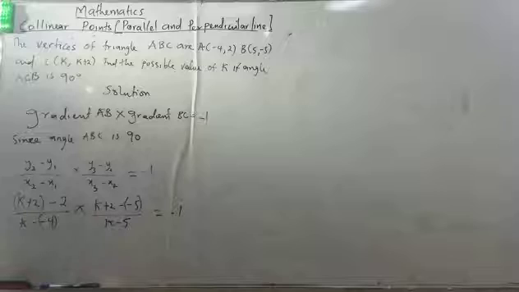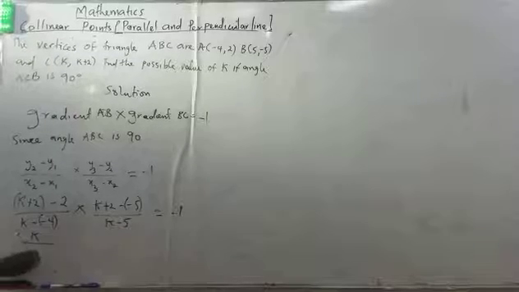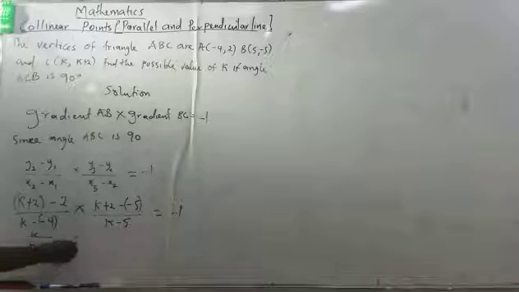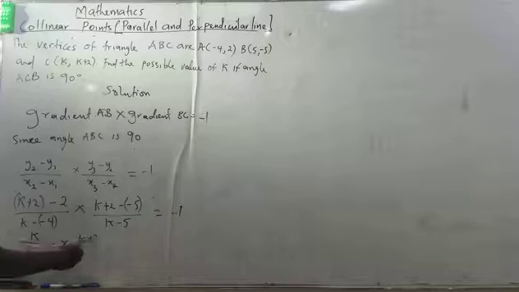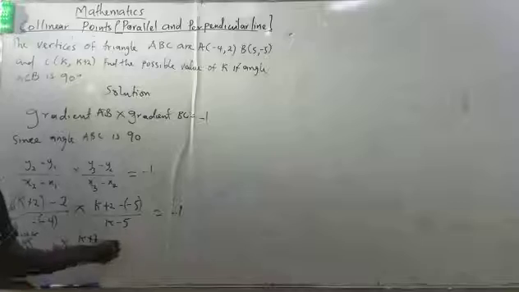Now, by so doing this, I think you know the implication. This one will be what? k divided by k plus 4 multiplied by 5k plus 7 divided by k minus 5 equals to minus 1.